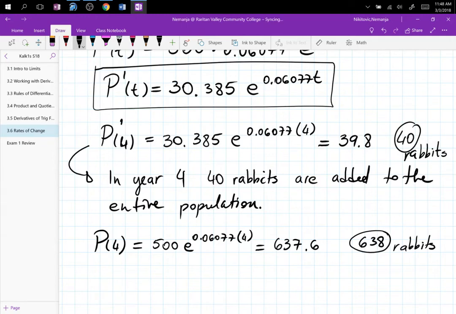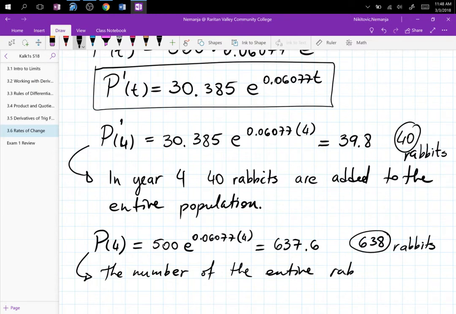This is the number of all rabbits, the number of the population, the number of the entire rabbit population.